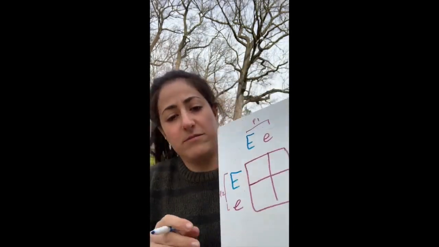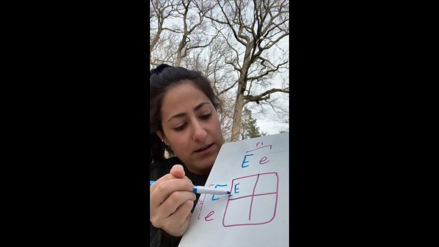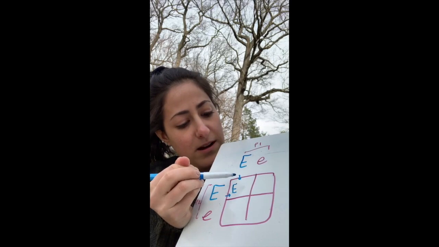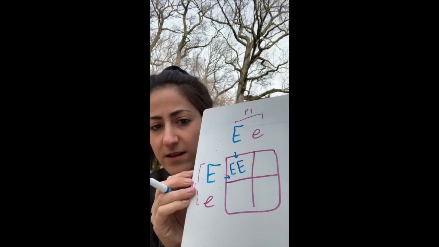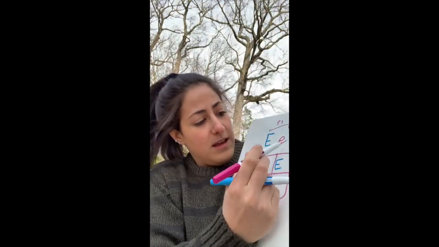In our first box, we're going to take this E and this E. This one comes in here, this one comes right there, and they're both homozygous dominant in there. Then in this box, I'm going to take this E, bring it in, and this E goes right there.